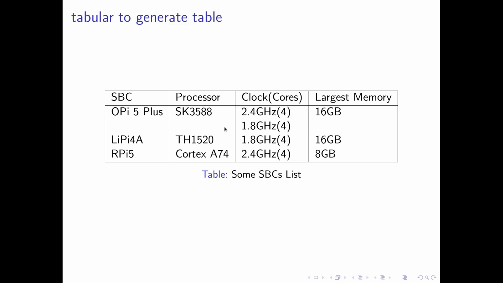But it also has another set of four. So I put blanks in these columns and then show the other four clocks, just to keep from making things aesthetically unpleasant. Here's the Lychee Pi 4A, and here's the new Raspberry Pi 5. So you can do tables.